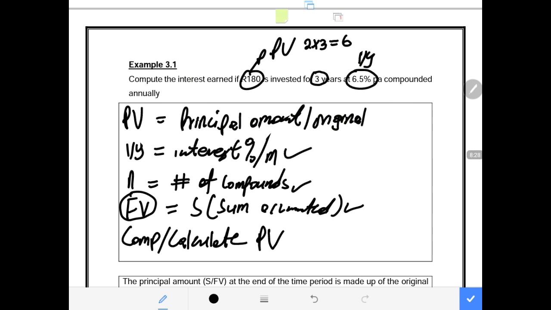Then after that we say comp present value. So that button comp is only pressed when you're stating that I want to calculate the future value, or I want to calculate interest, or I want to calculate n, which is the period of the investment.